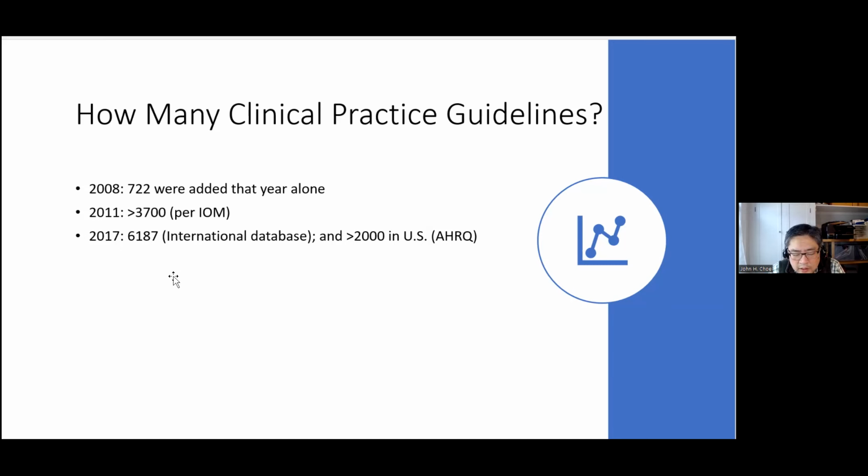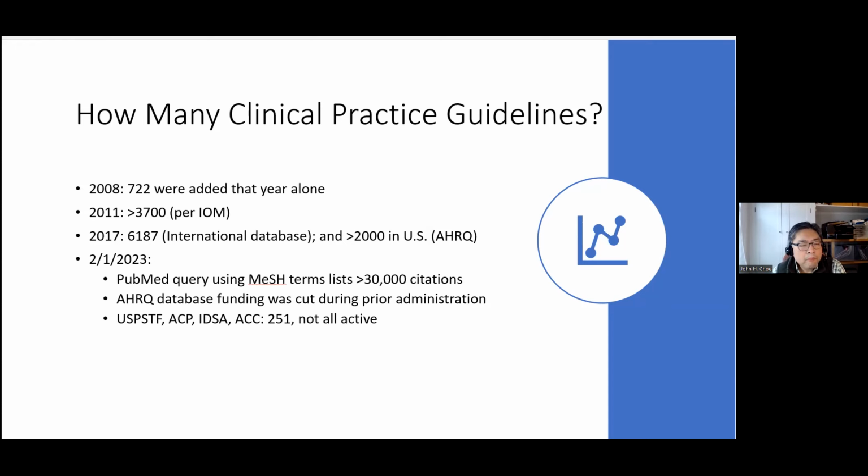And there is a database in the US from AHRQ, the Agency for Healthcare Research and Quality, an agency that does a lot of health services related things. They had a data warehouse, and they had about 2,000 at that point in time. When I looked yesterday, I did a PubMed query using MeSH terms, trying to do the best way I could to search this, and I found 30,000 citations.